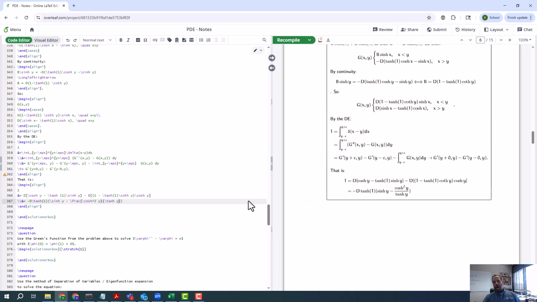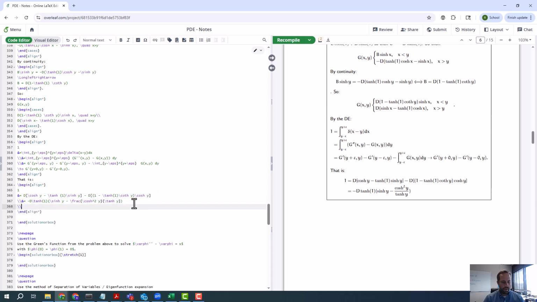Okay, but now we can do something similar to what we did before. Sorry, that's not correct. That should be cosh or sinh. I can factor out a sinh. So I can write this as minus d tanh of 1 divided by sinh of 1.